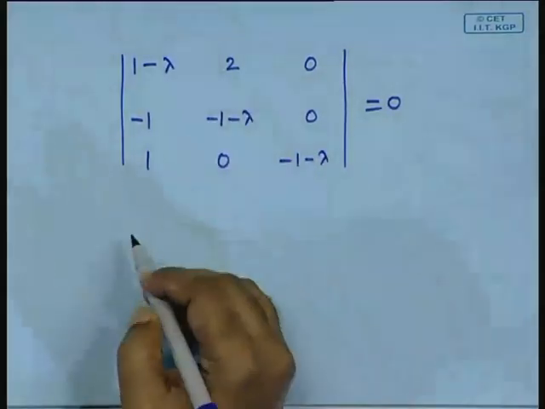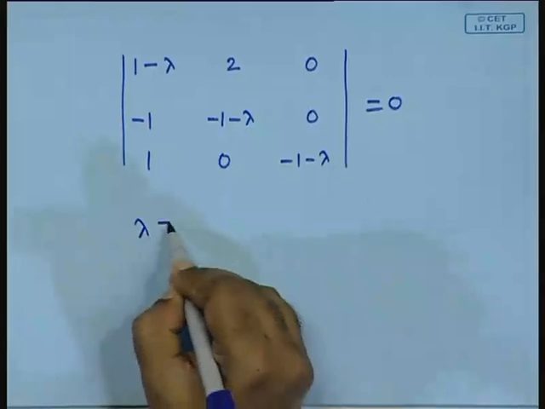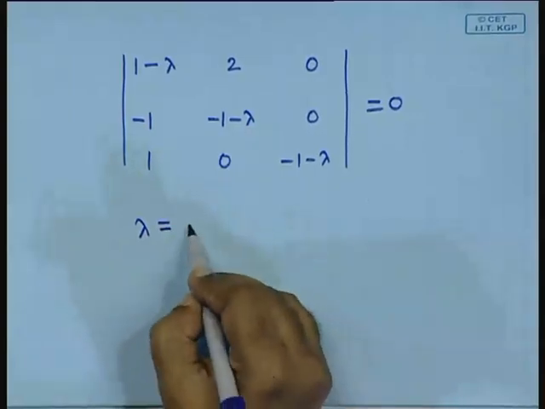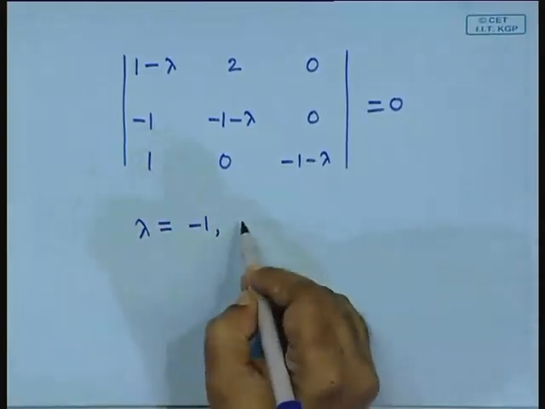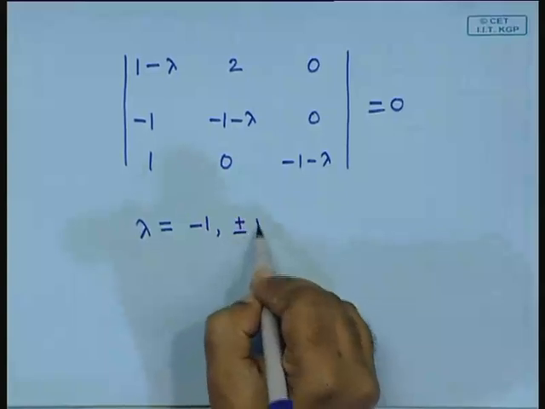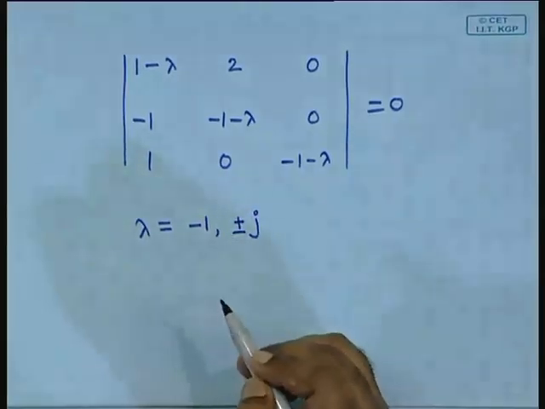So, if you solve this, you are getting lambda is equal to minus 1, plus minus j, fine.